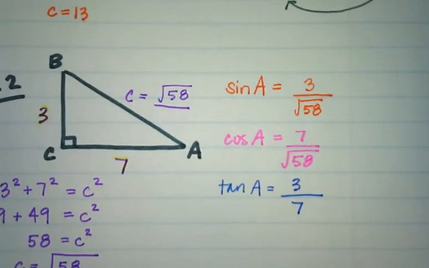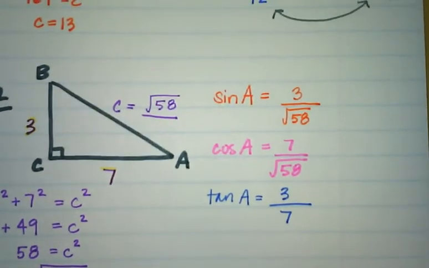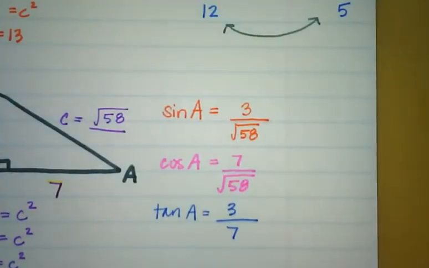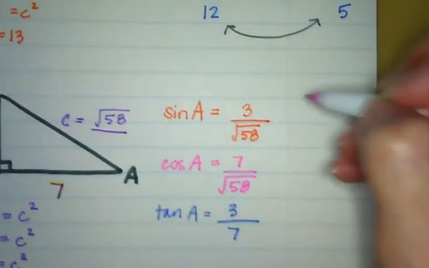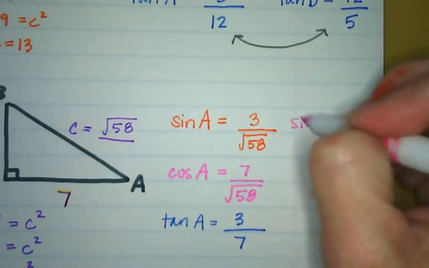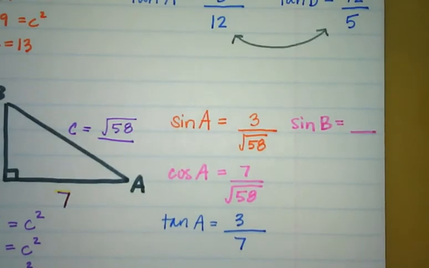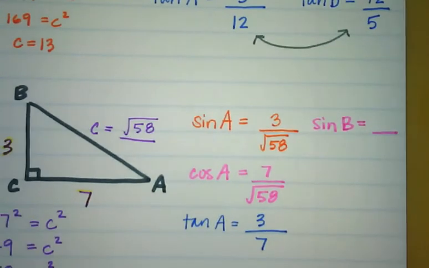So now we're going to go through and do the 3 trig functions from the perspective of angle B. First up, we'll do the sine from angle B. All right, so the sine function is always the opposite over the hypotenuse.